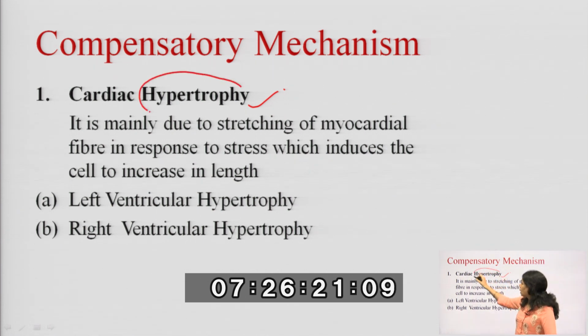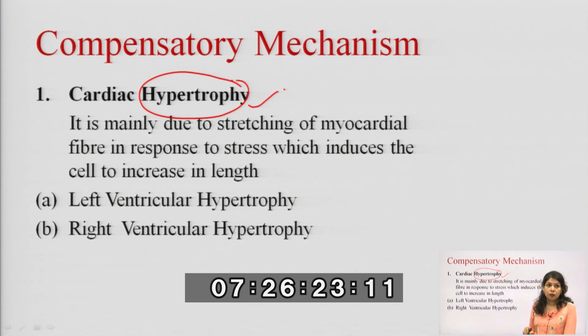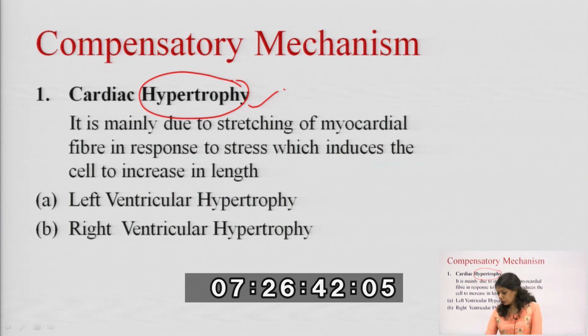So, this is called hypertrophy. Why? It is mainly due to stretching of the myocardial fiber in response to stress, which induces the cell to increase in the length. The stress is that the heart is not functioning properly. Okay. Then we have left ventricular hypertrophy and right ventricular hypertrophy.